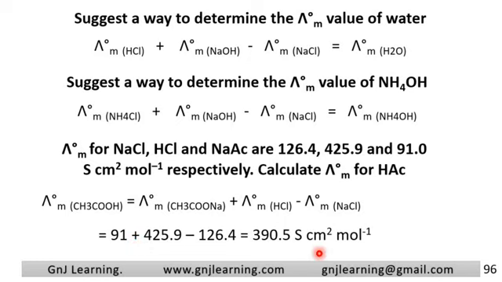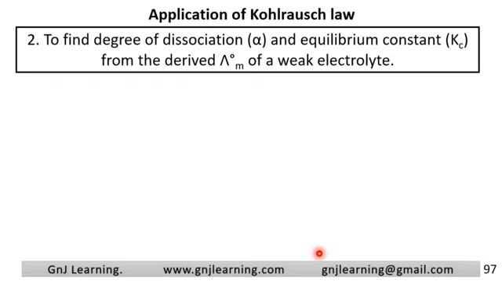I hope it's clear now. To the second application that we have seen, there is an addition. Using the second application, you can also find the degree of dissociation alpha and the equilibrium constant from the derived lambda m0 of a weak electrolyte.